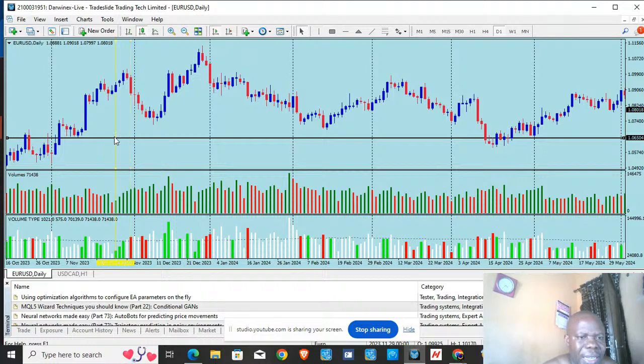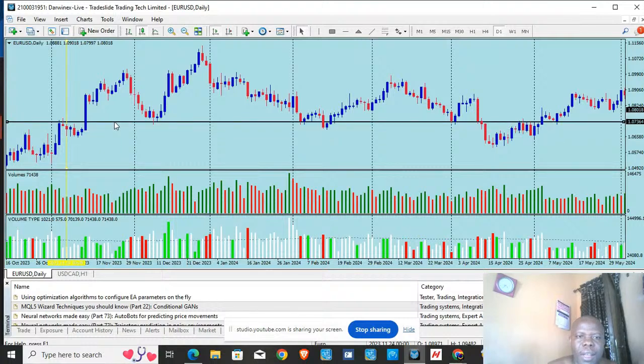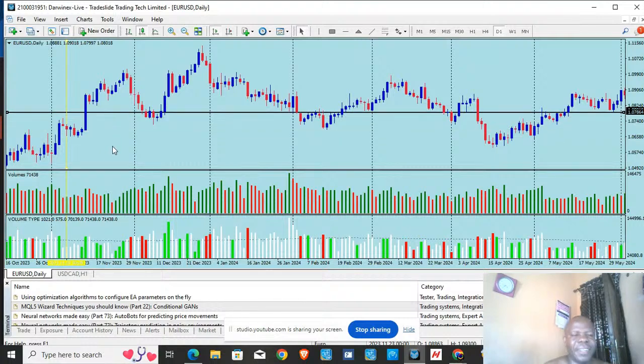For example, assuming I entered this trade here, then immediately the next day, I saw something like this. Wow. I won't have the mind to put it to break even because this is too huge. I can go to 50%.